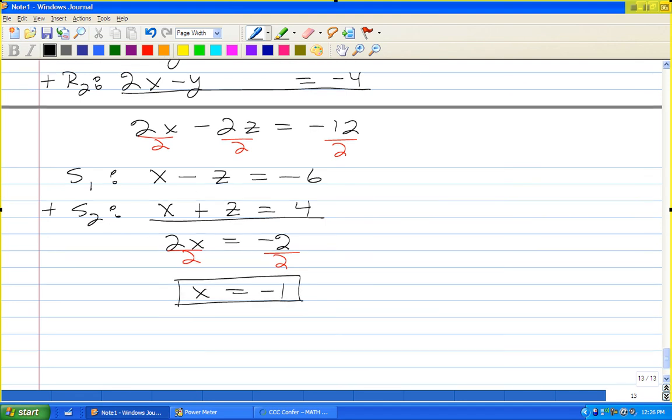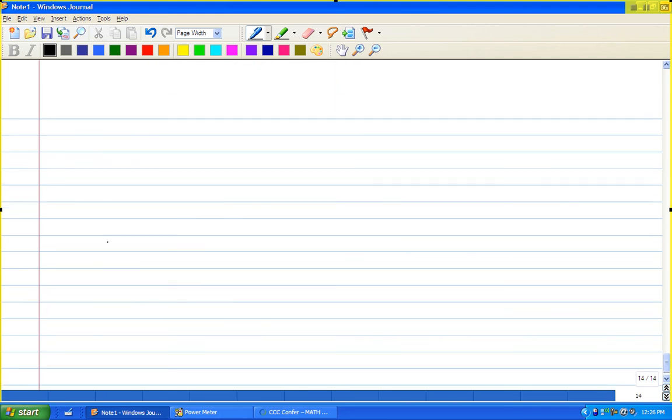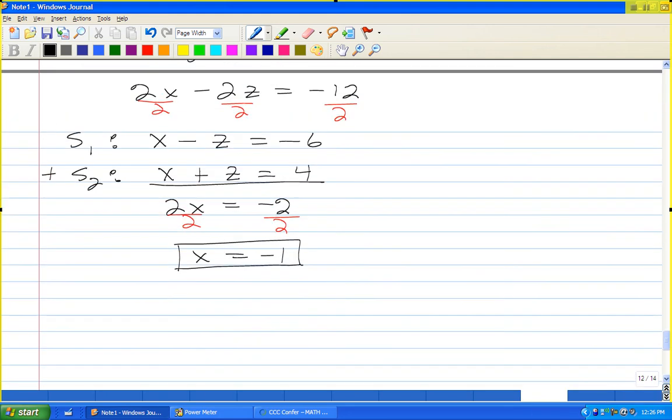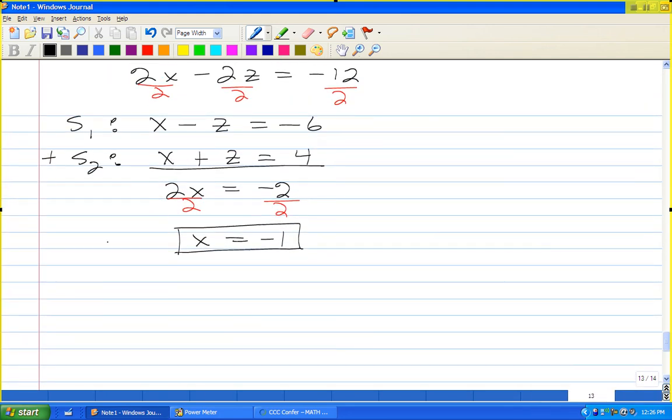Let's use S2 to figure out z. So I have x plus z is 4. Add 1 to both sides of your equation. So z is 5.